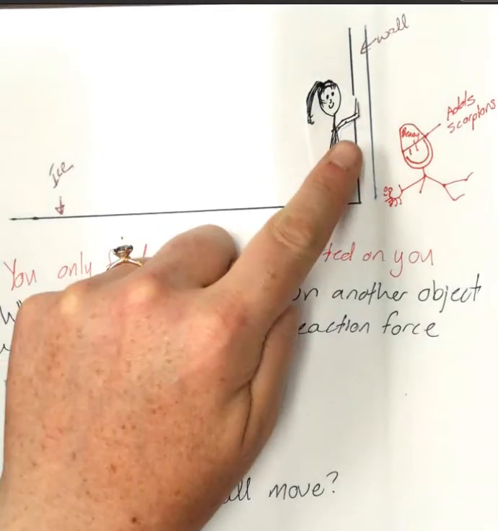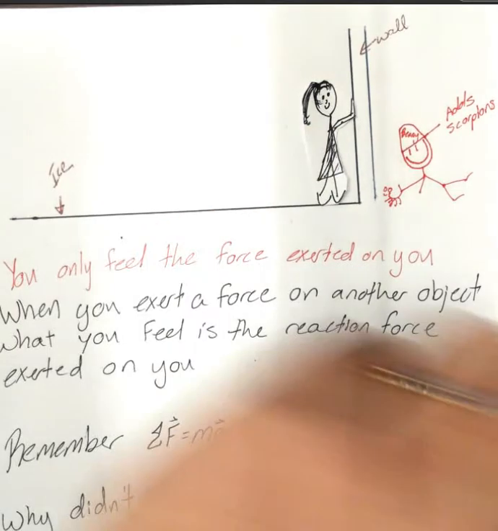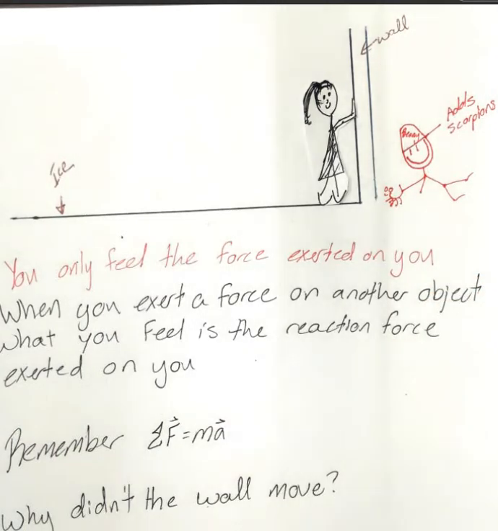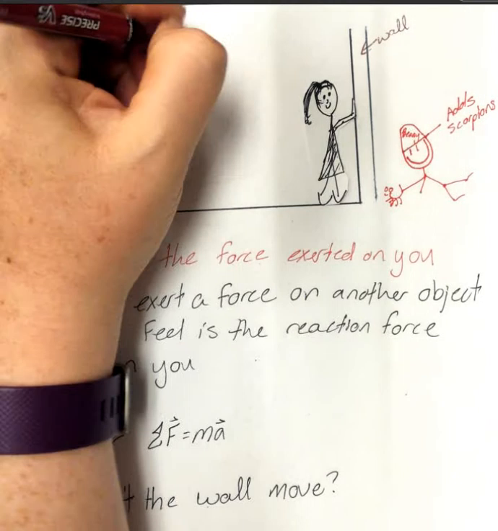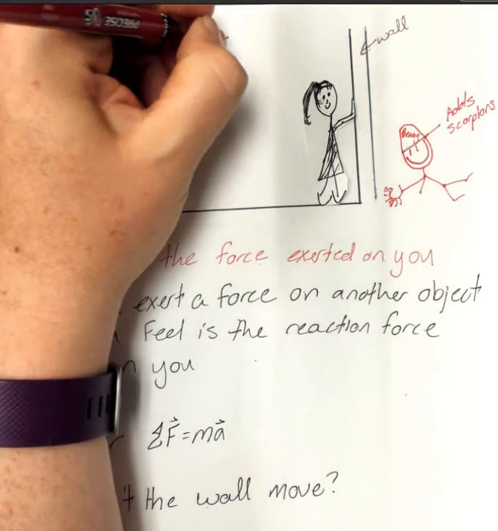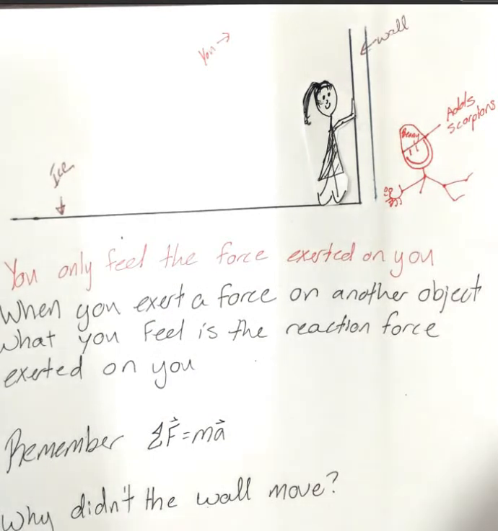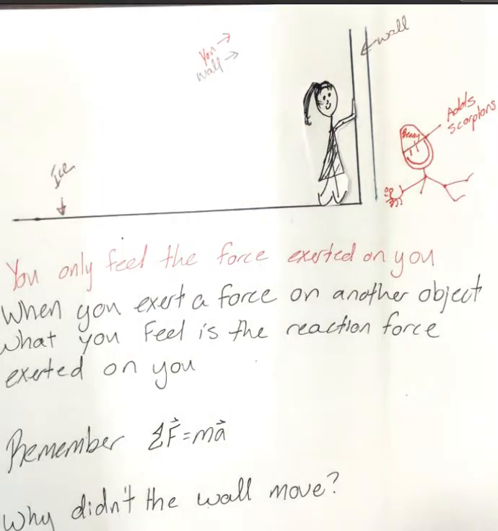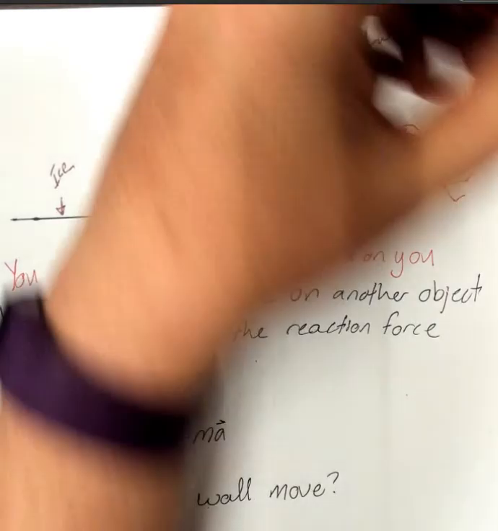So we'll do you as a force vector in red, and we'll do the wall as a force vector in brown. All right, what do you do?